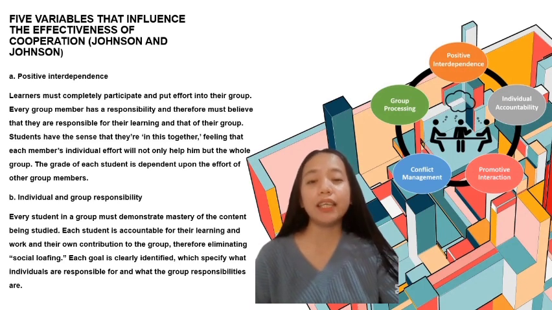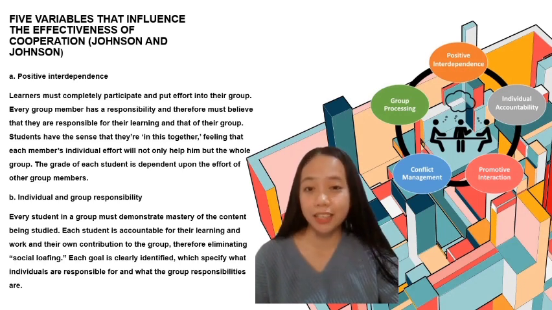Every student in a group must demonstrate mastery of the content being studied. Each student is accountable for their learning and work and their own contribution to the group, therefore eliminating social loafing. Each goal is clearly identified, which specifies what individuals are responsible for and what the group responsibilities are.